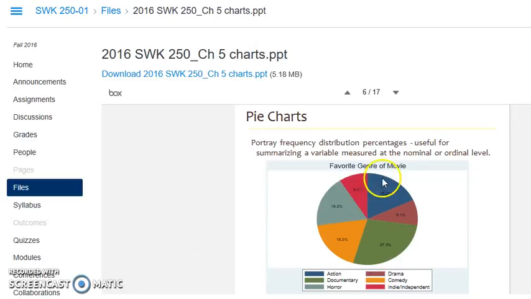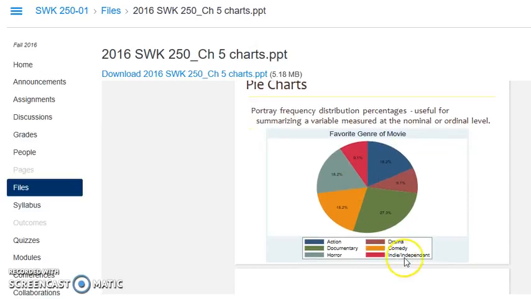You can see that each of these slices represents a level of that variable. So it says independent, indie. This yellow is for comedy, drama is this shade here, and the dark blue goes to this category here, action, documentary, and then horror.